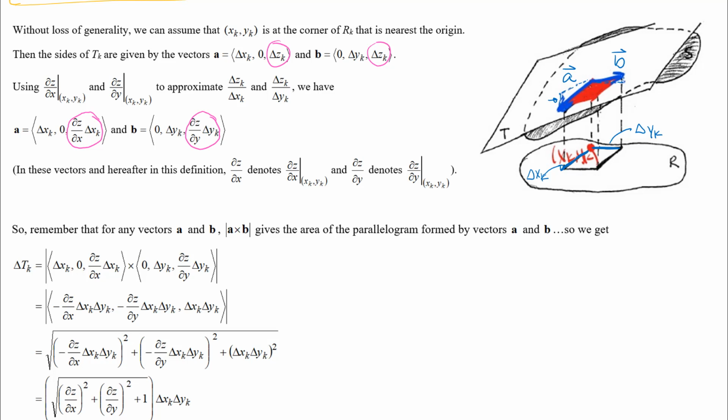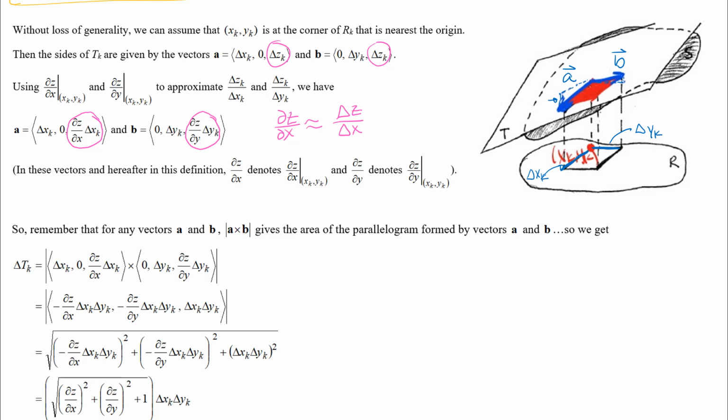So that comes from the idea that on a small interval, del z del x is approximately equal to delta z over delta x, and you just multiply both sides by delta x, and then similarly for del z del y. Alright, so I've got some vectors, and now we're going to use those vectors to find the area of that little piece of tile.